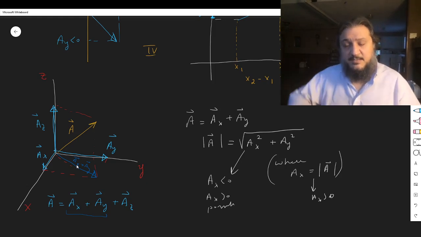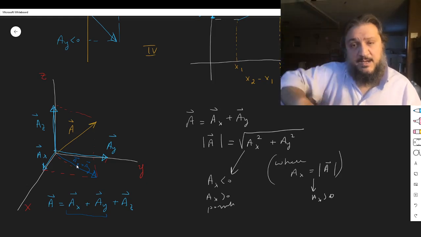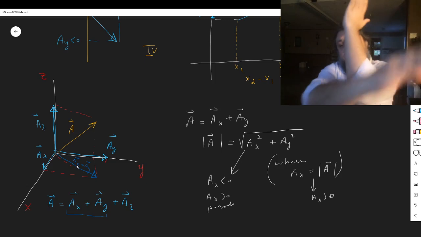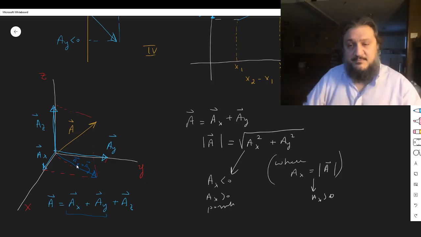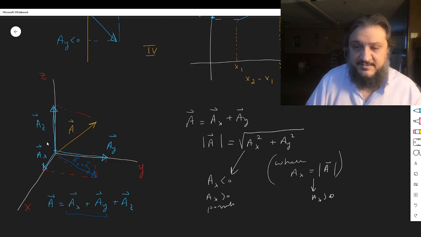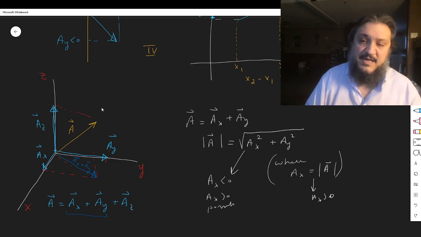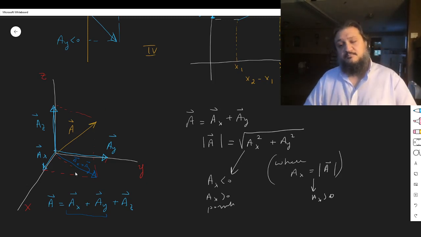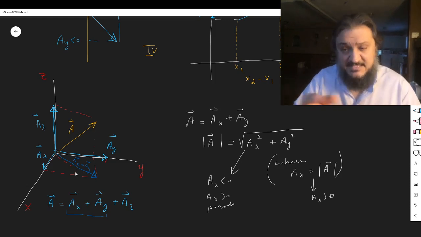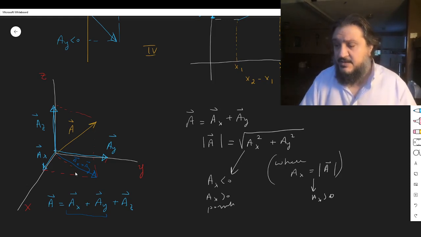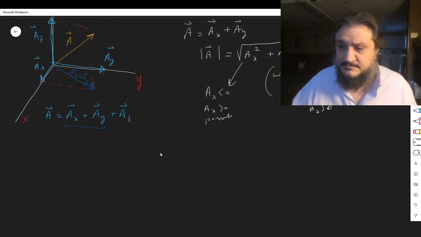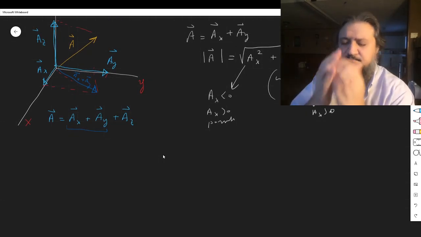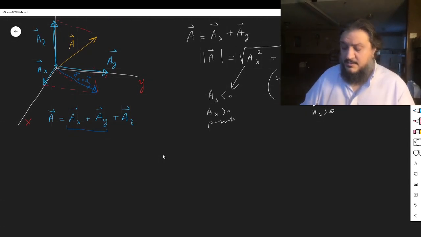Just think about the plane that is formed by az and ax plus ay, and draw the parallelogram created by those two vectors. You end up with your A, because you have your rectangle here. So it proves that A is indeed the sum of these three vectors. Okay, so this is the component representation.